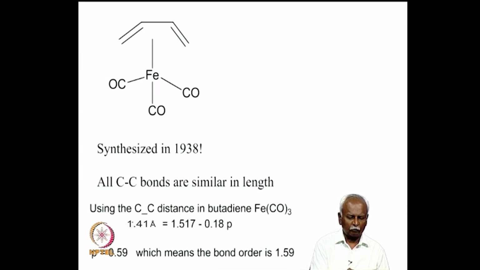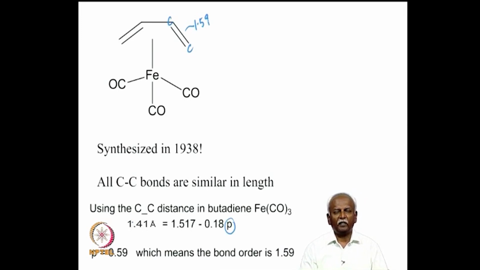So, 1.41 angstroms equals 1.517 minus 0.18 p, and this p is the fractional bond order, which is the pi bond order. We get a value of 0.59, which means that the total bond order between each one of these carbons is 1.59. You will remember that this was close to 1.98 in free butadiene, and it has decreased considerably to 1.59.